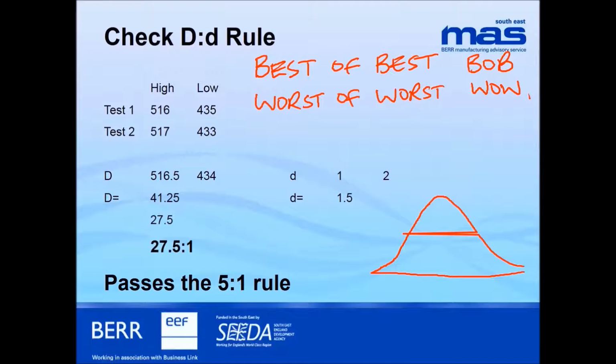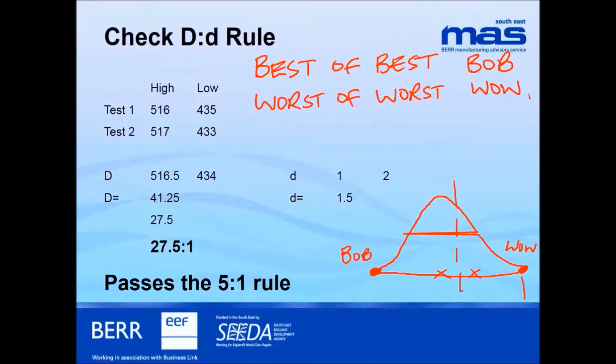and we put a spec on this thing, what we are doing, rather than looking at a good one versus a bad one, anywhere either side of the spec line, what we've done is deliberately gone all the way over here and all the way over here. We've gone and selected Bob, and we've gone and selected Wow.